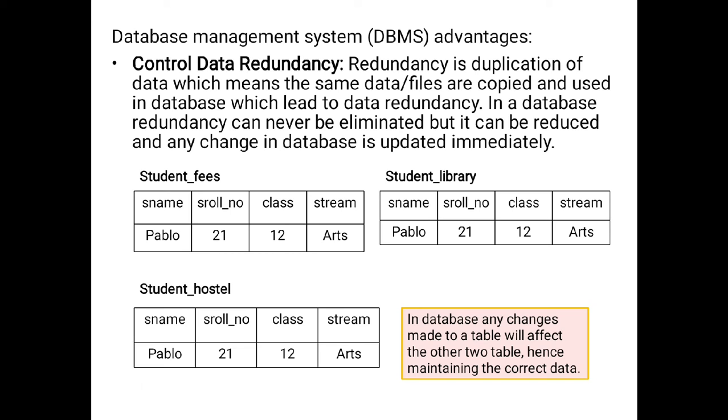Without that, they will not know which student it is. So for that purpose, data redundancy cannot be eliminated. Data redundancy must exist, but it has to be reduced where it is not needed. I hope you have understood what data redundancy is.